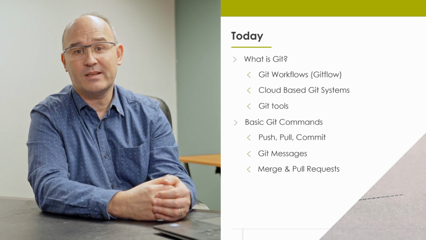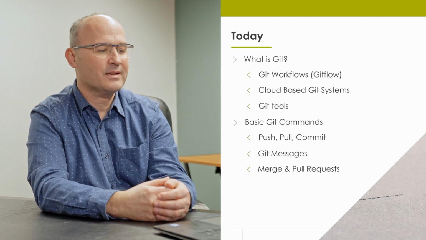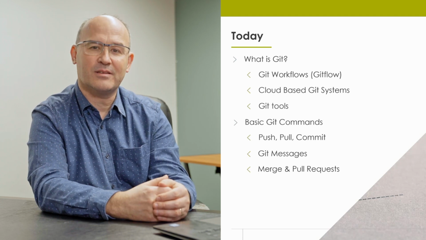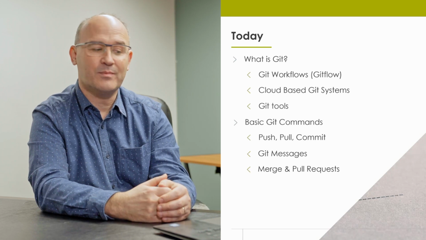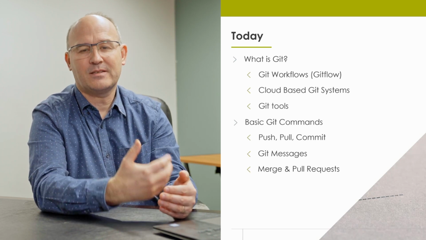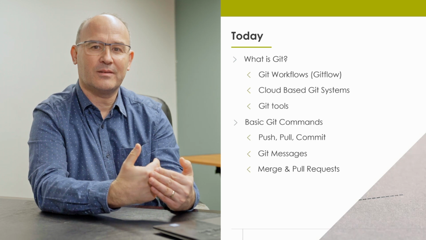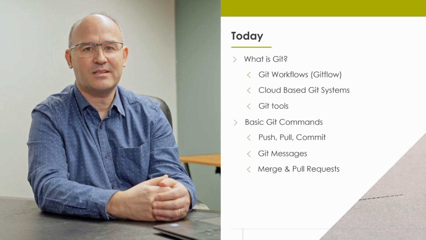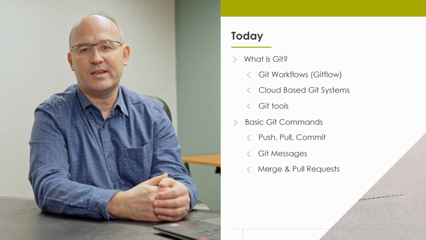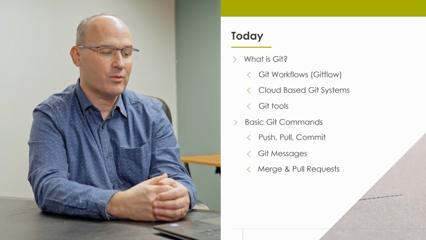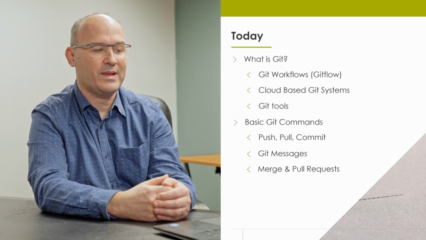We're going to look at some common Git tools, both on the command line and in the cloud, and some basic Git commands, how to push, how to pull, how to commit, and what those terms mean, how to effectively construct Git messages in commits, and the importance of standardization around things like Git messages, and also the terminology around merge and pull requests, often referred to as MRs or PRs. So that's today's lecture, and it's very practical. I'll be diving into a couple of tools and showing these in operation.